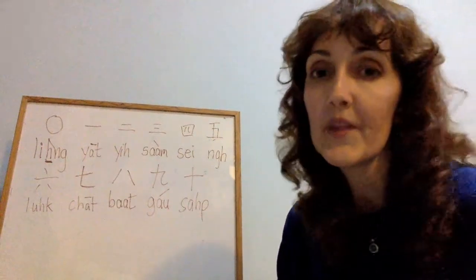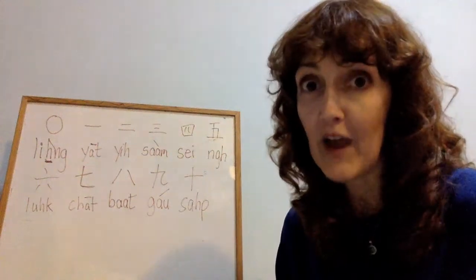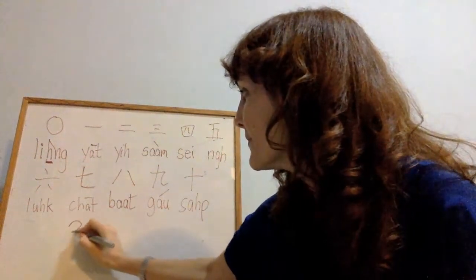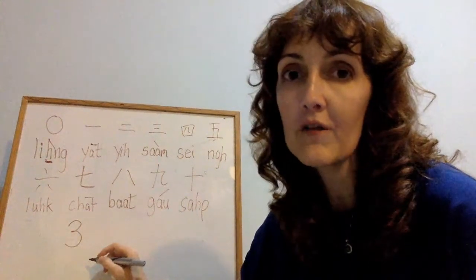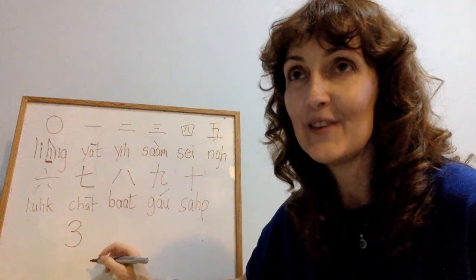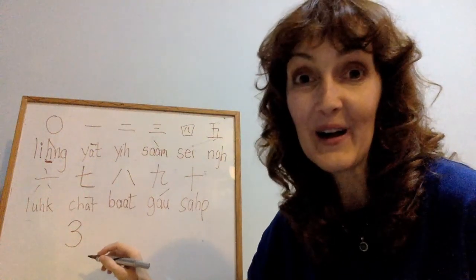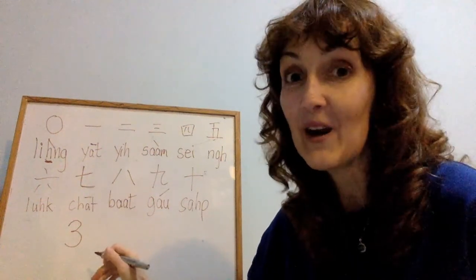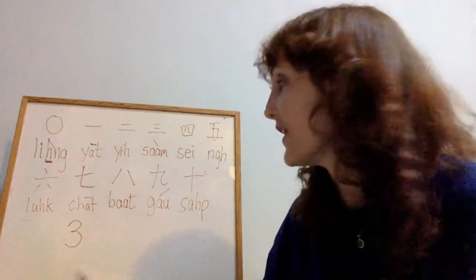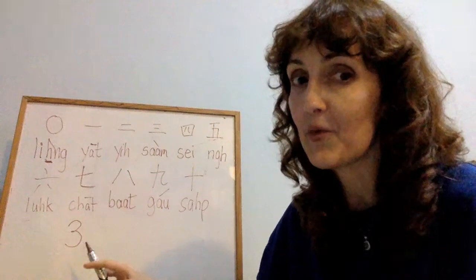Let's do the high tones first, so you have practice just doing high tones, okay? In Hong Kong, phone numbers are 8 numbers long. And if you live in Hong Kong, or if you're coming to Hong Kong, usually the telemarketing numbers will start with a sam, with a 3, okay?